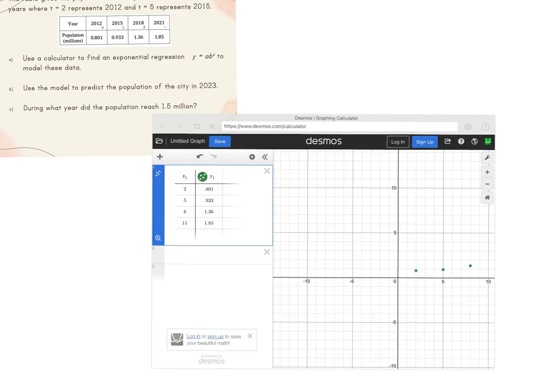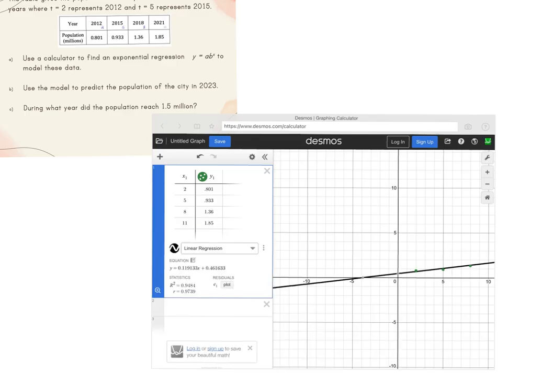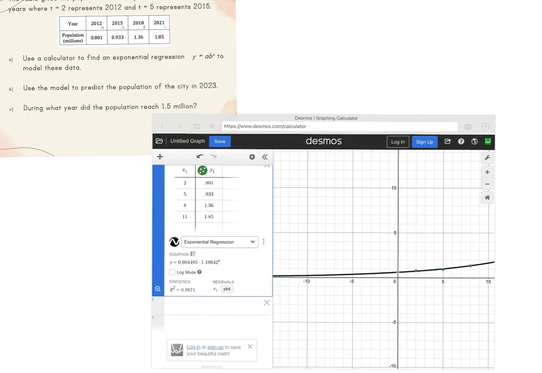And then I'm going to run the regression for exponential. Check the log mode. So y equals 0.626 times 1.101 to the x, or f of x equals 0.626 times 1.101 to the x.